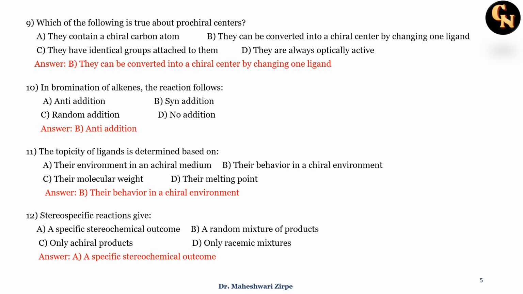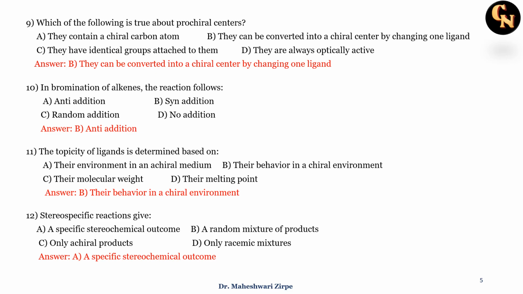Again you should know the definition of topicity. Topicity is the behavior in a chiral environment; basically you are going to see the chiral environment of the molecule, and these ligands will behave in that chiral environment. So option B is correct.